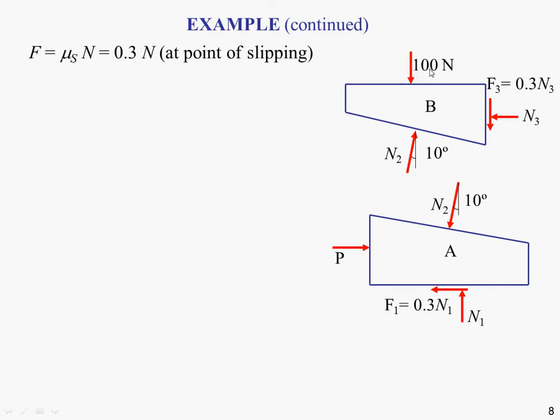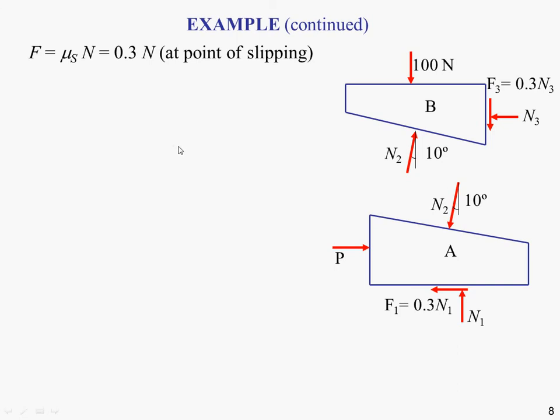Over on the right hand side, where we've got contact with the wall, this force P on the wedge is wanting to push it to the right and push this block B upwards, so our friction force opposes that motion, acting down and parallel to that surface, and we've got a reaction force N3 from the wall on that block B.